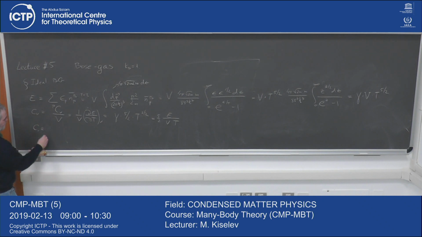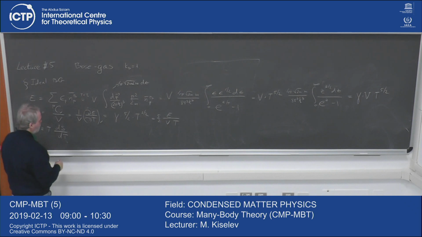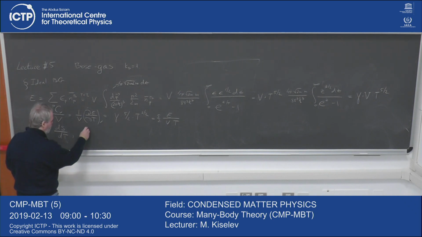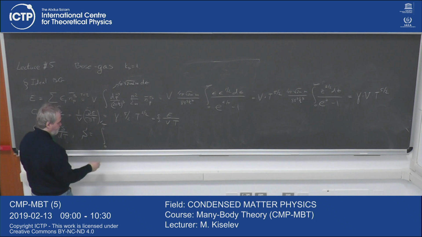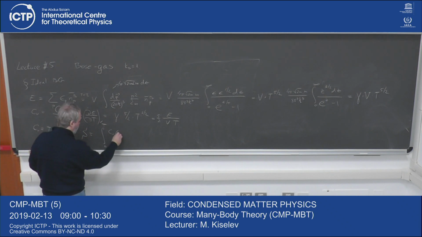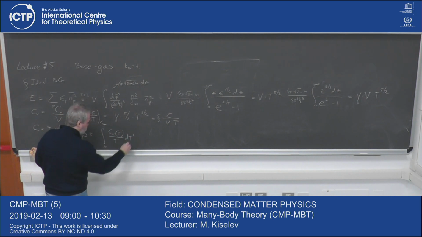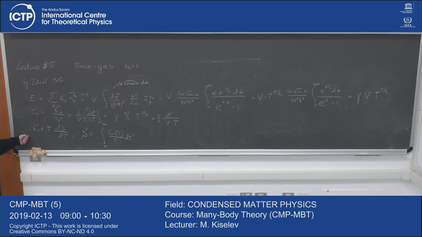On the other hand, C_V is temperature times d entropy over d temperature. Therefore, we can write down the entropy from this equation. This is the integral from 0 to temperature of C_V as a function of t prime divided by t prime, dt prime. This is how I expressed the entropy solving this equation.